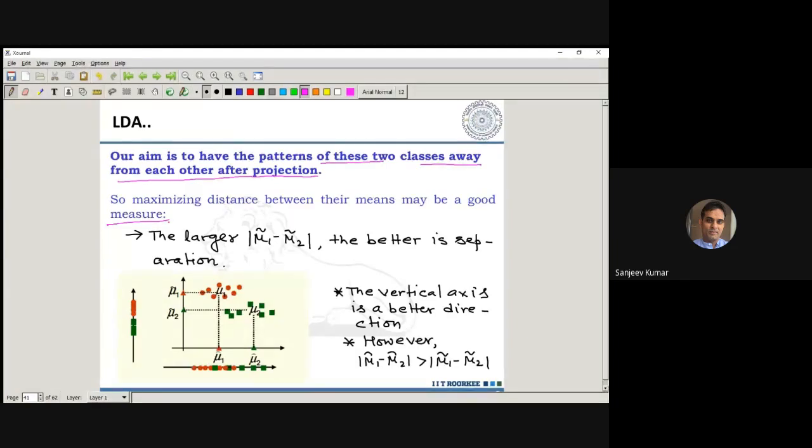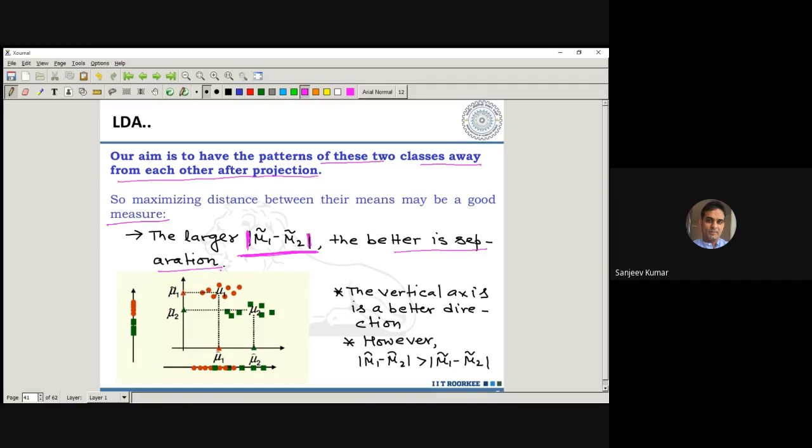If I keep the means of the different classes after projection far away from each other, then it may happen that I have separate clusters of those two classes. So the larger the absolute difference between mu1 tilde and mu2 tilde, meaning the distance between those two means, the better the separation.